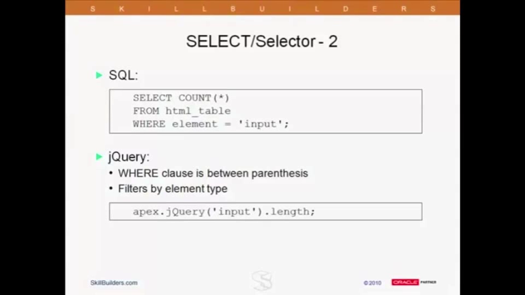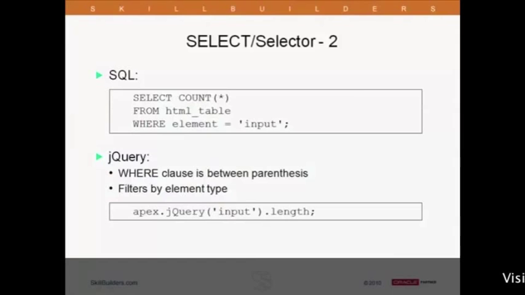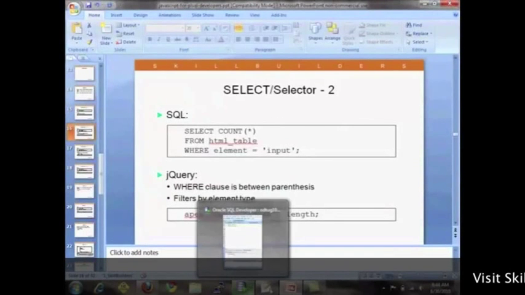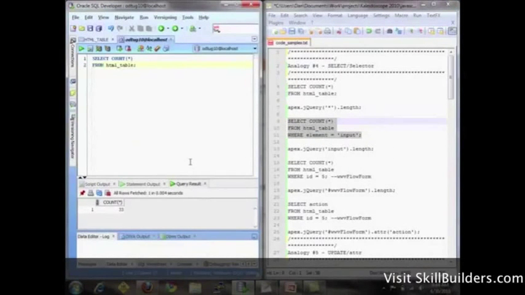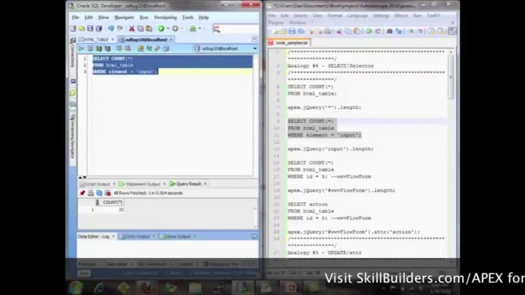In jQuery, we can do where clauses as well. You can see down here, it just goes in between the parentheses. So apex.jQuery, we're selecting the inputs, and again, I'm using length for the count star. Plug it into SQL Dev.